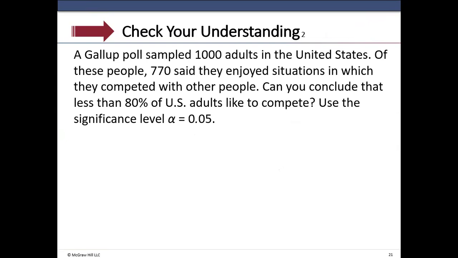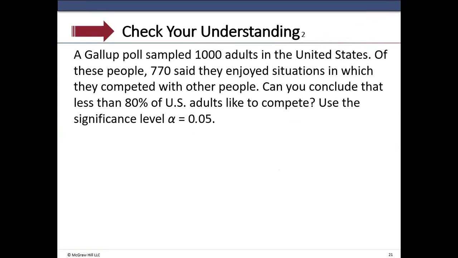So both n times P0 and n times 1 minus P0 are greater than or equal to 10. Again, I'm stressing the significance of calculating n times P0 and n times 1 minus P0 is to make sure that the sampling distribution of P hat, or probability distribution of P hat, is bell-shaped.